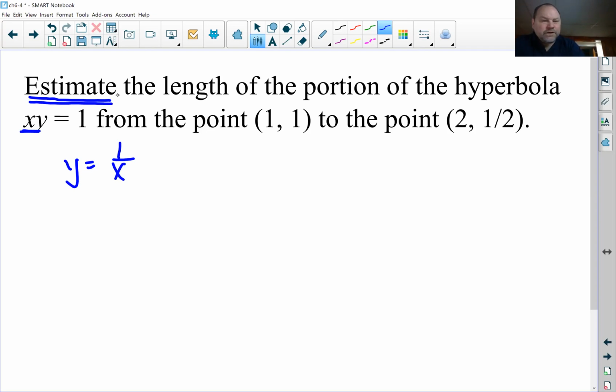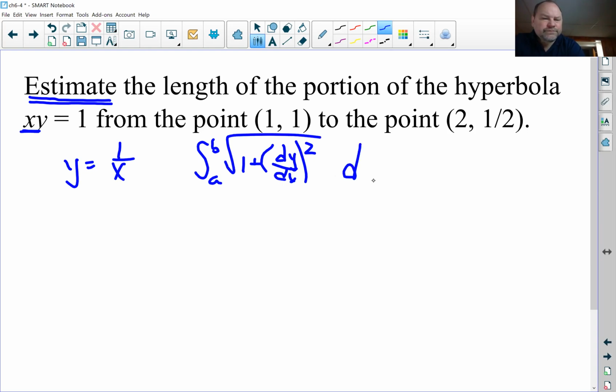For my formula, I know I'm going to take the integral from a to b of the square root of 1 plus dy over dx squared.